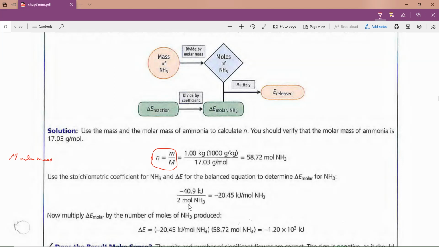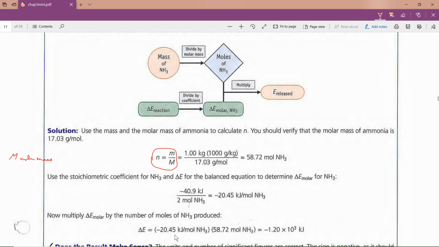Use the stoichiometric coefficient for NH3, the number in front in the balanced equation, and delta E to determine delta E molar. It was 40.9 kilojoules released for every 2 moles of ammonia, so that is 20.45 kilojoules released for every 1 mole of ammonia.